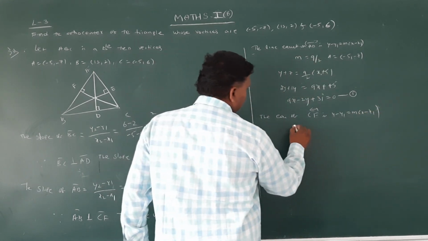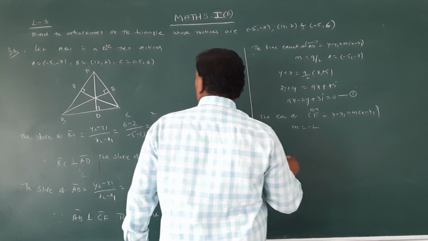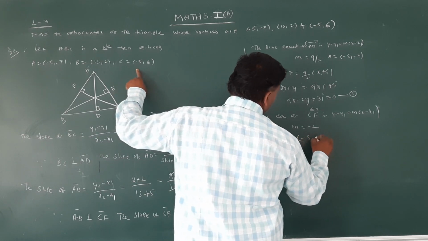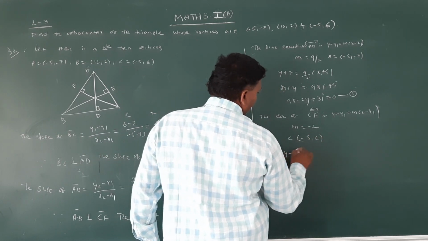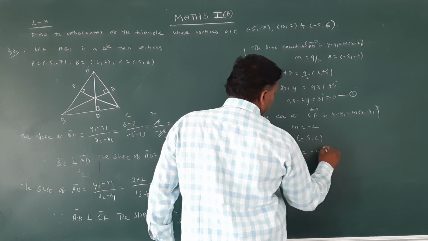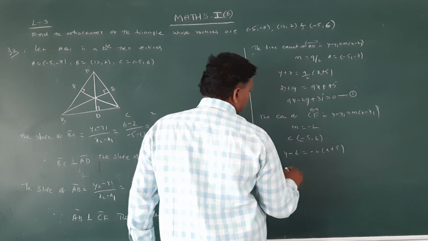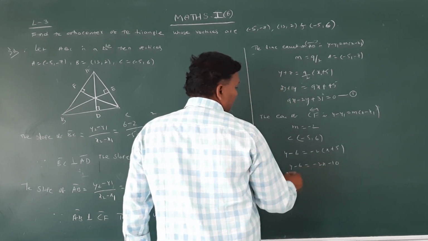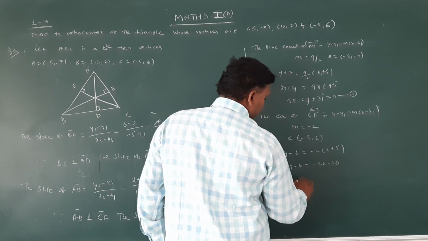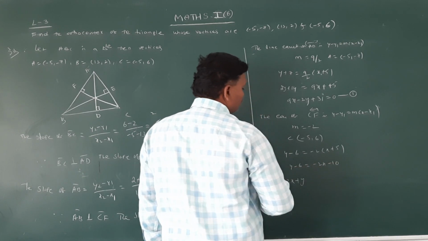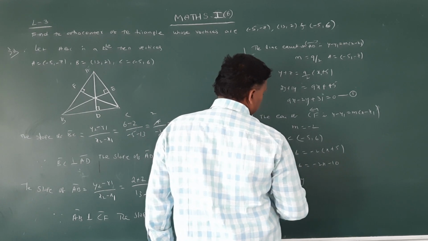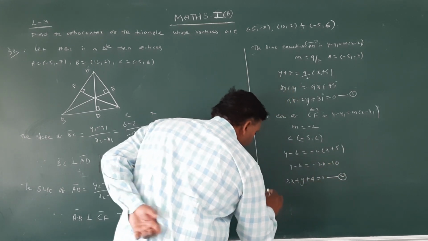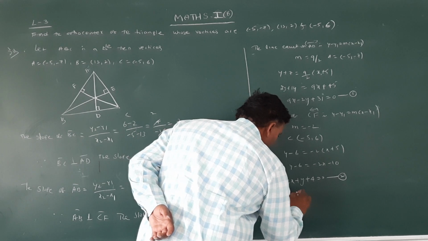The slope m is equal to minus 2, and the point C is equal to (-5, 6). So y minus 6 is equal to minus 2 into x plus 5, that is minus 2x minus 10. Moving to the left side, 2x plus y minus 6 plus 10, so 2x plus y plus 4 is equal to 0. Equation number 2.